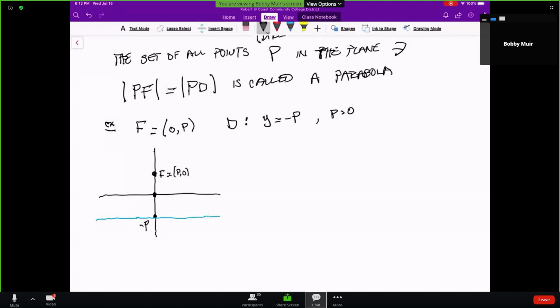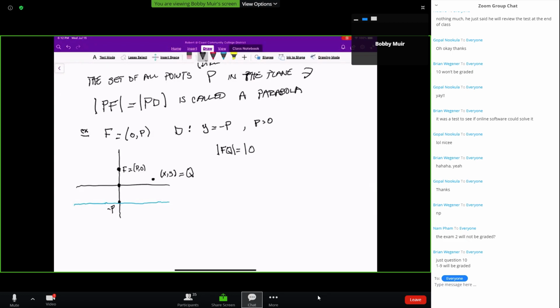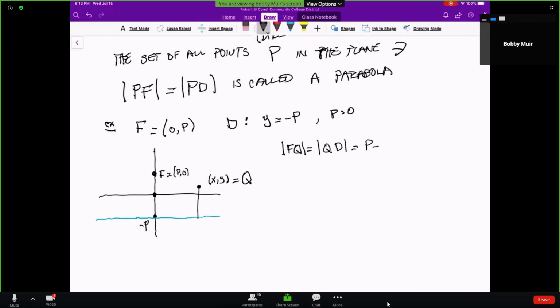Okay, now if we were going to have another point, let's say this is the point (x, y), and if it is going to be on the parabola, then let's call this the point Q. Then the distance from the focus to Q must equal the distance from Q to the line D. Well, that's easy enough, because the distance from Q to D is p plus y.